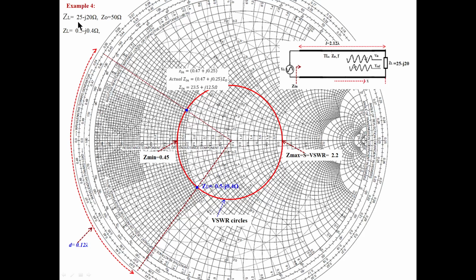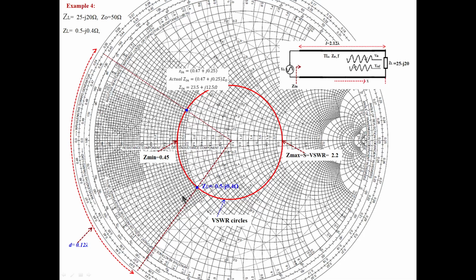It is the intersection of the 0.5 resistance circle and the 0.4 reactance circle. The 0.5 resistance circle is here. See here, this is the 0.5 resistance circle.